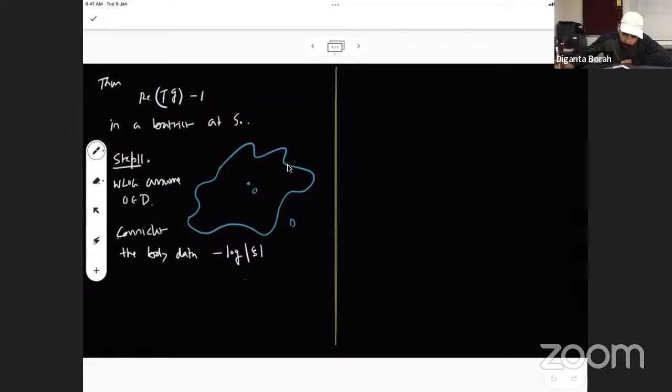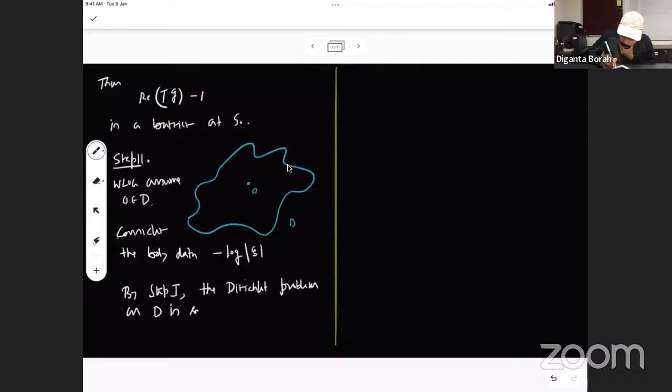Okay, so look at this boundary data. By step 1, the Dirichlet problem on D is solvable.